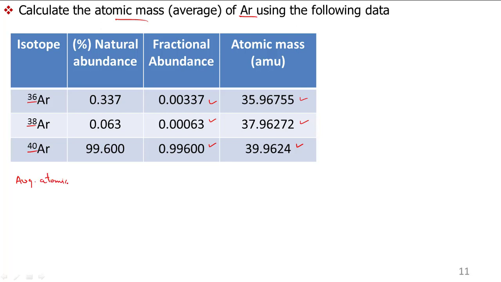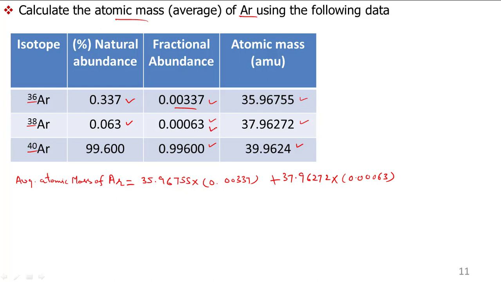It is equal to the mass of this isotope, 35.96755, into its fractional abundance 0.00337, which we have calculated from percent abundance, plus 37.96272 into 0.00063 as its fractional abundance, plus the last third isotope, 39.9624, into 0.99600.